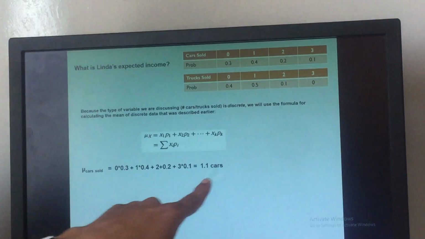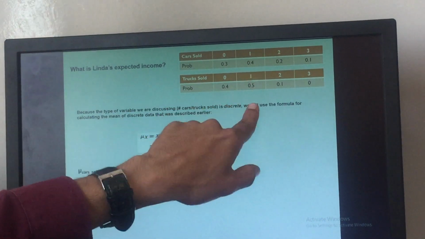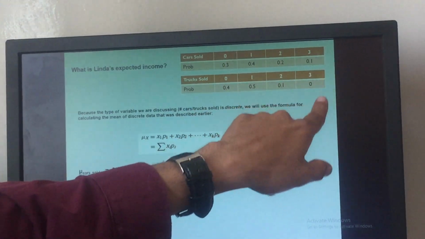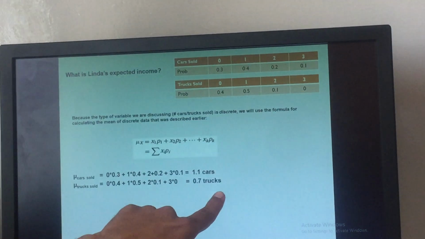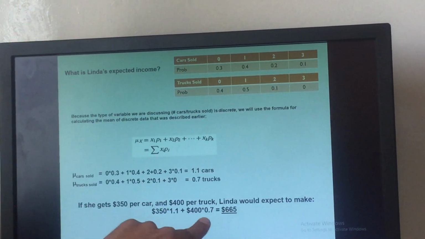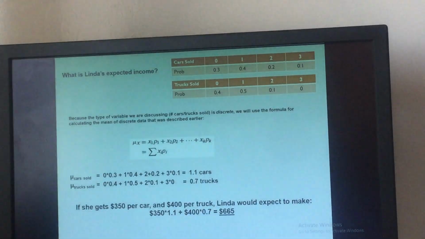This is the mean for cars. For trucks, similarly, 0 times 0.4, 1 times 0.5, 2 times 0.1, 3 times 0. This is the mean for trucks, and then we add up. This is the total expected income.